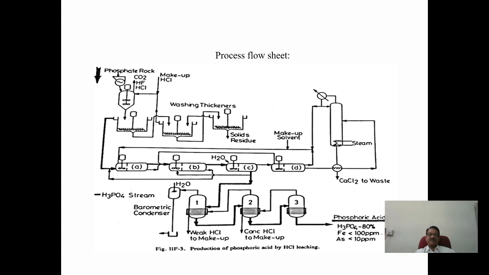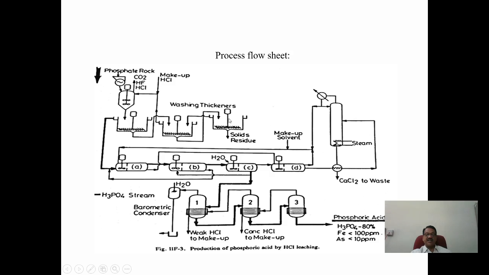In brief, this is the reactor wherein phosphate rock is ground and fed to the reactor where hydrochloric acid from the storage is fed, so that the reaction takes place in this reactor and the product, that is phosphoric acid, calcium, hydrated calcium silicate, unreacted phosphate rock, everything will then be washed in a counter current manner in the 3 washing thickeners.